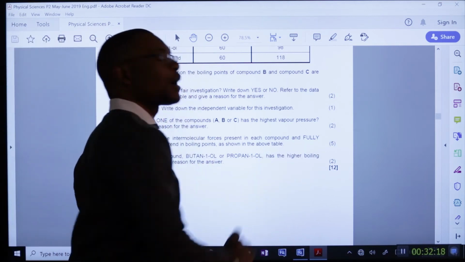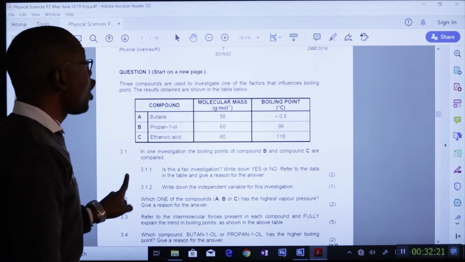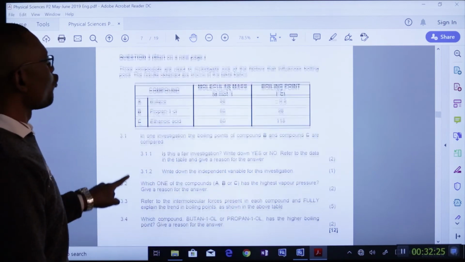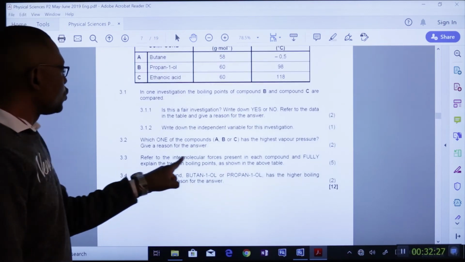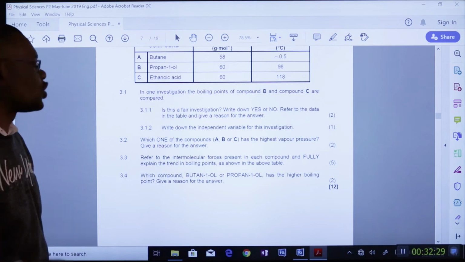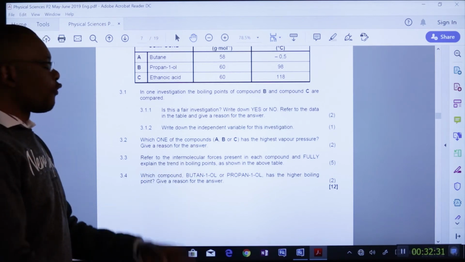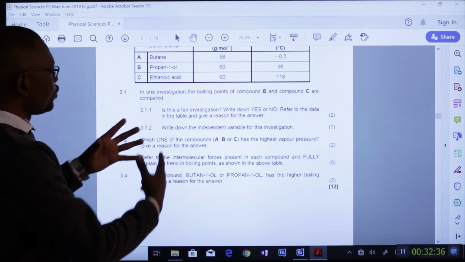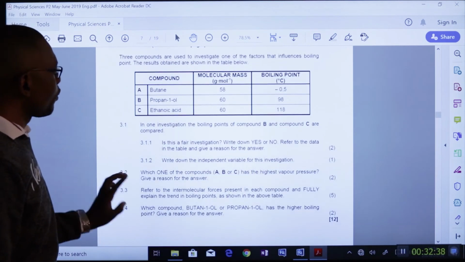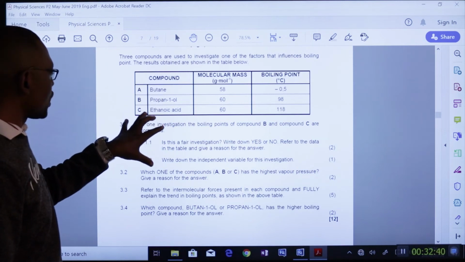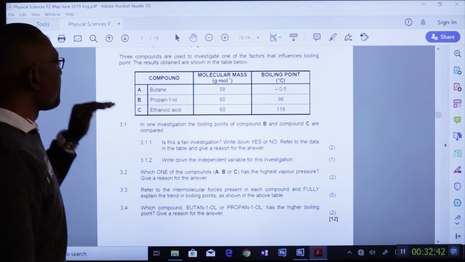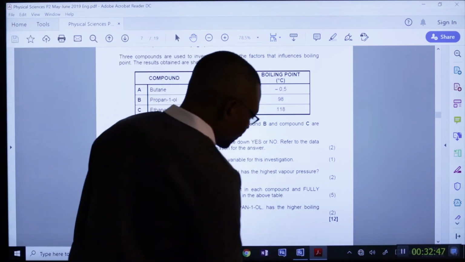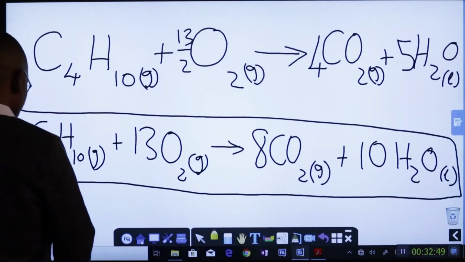There are 5 marks here, meaning that there are a lot of things which you have to present in terms of justifying your explanation of the trends in the boiling points which we are observing here. So I'm going to draw the structures of butane, propan-1-ol, and ethanoic acid, and then we see how things are changing.